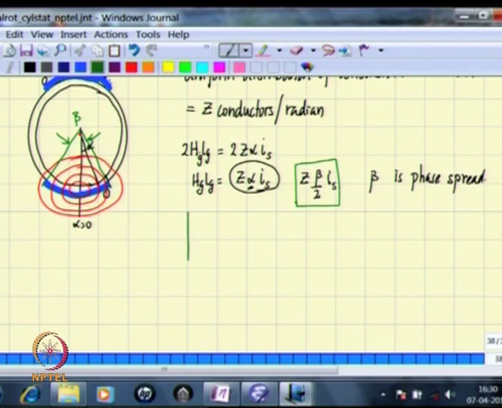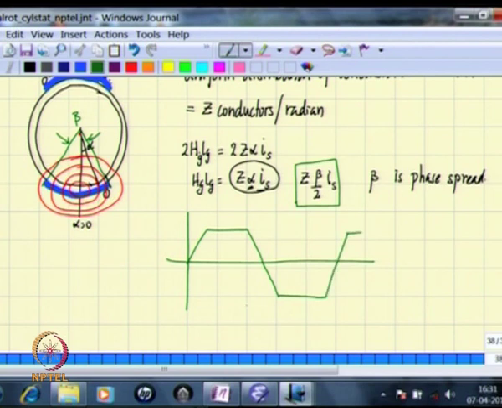And therefore the plot, as we have seen, looks like this. It reaches a certain maximum. Let us assume that MMF is positive in this area. So it goes this way and then comes down like this.